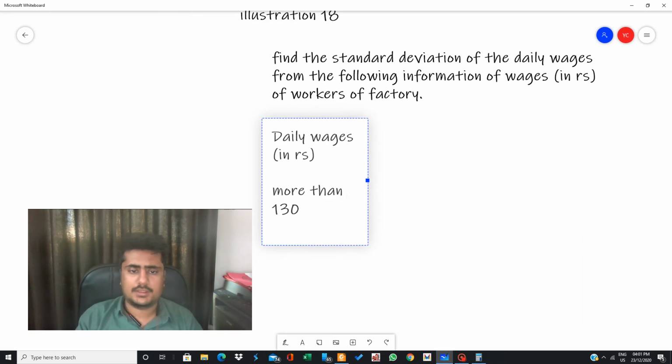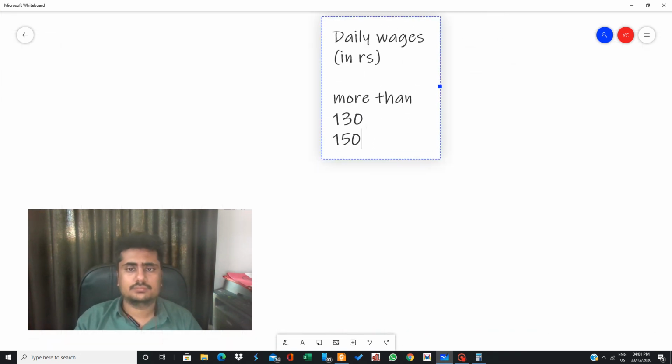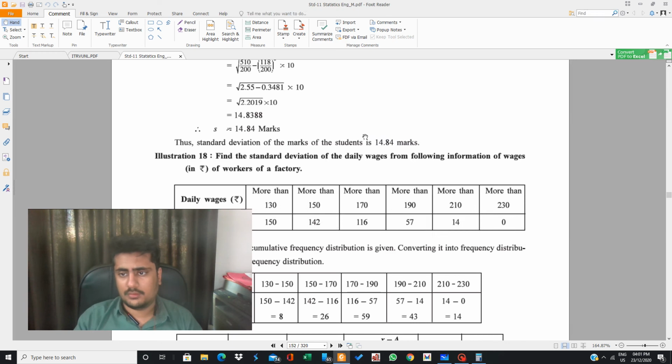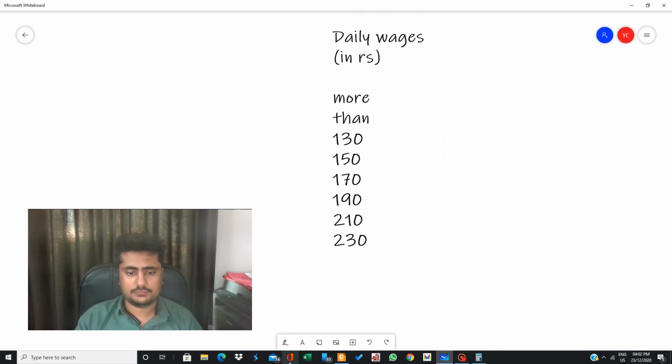So let us write like this: more than 130, more than 150, then more than 170, 190, 210, 230, number of persons.